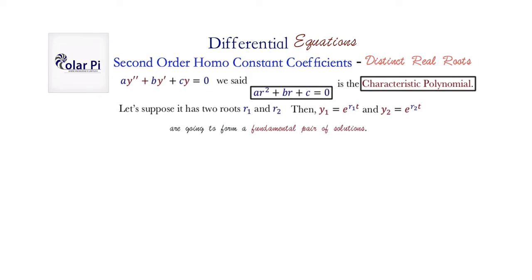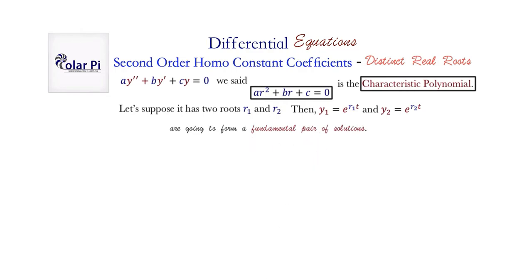The fundamental pair of solutions y1 and y2 is guaranteed by the fact that they are distinct real roots to a quadratic. You'll see in the next video when we look at complex roots, since complex roots come as conjugate pairs and are distinct, there too will be a guaranteed fundamental pair of solutions.